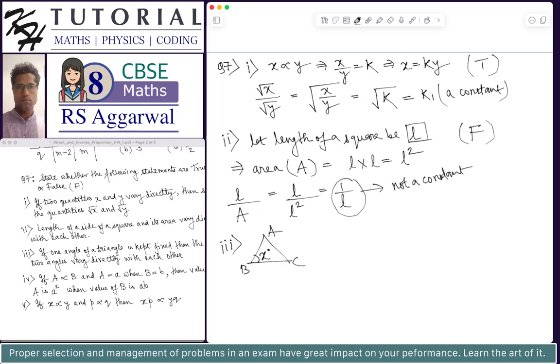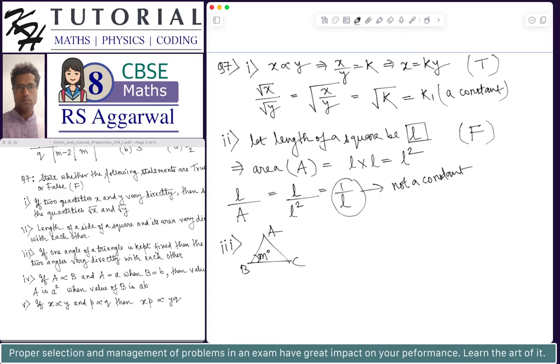But we usually do not use the letters x, y, z for constants; they are always used for variables. So let's say the angle B is equal to m degree, which is fixed.